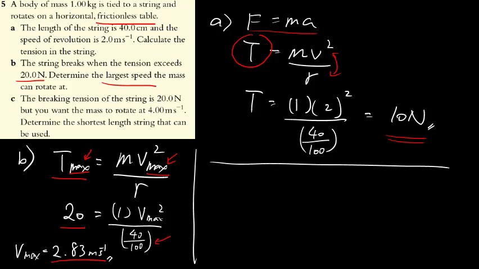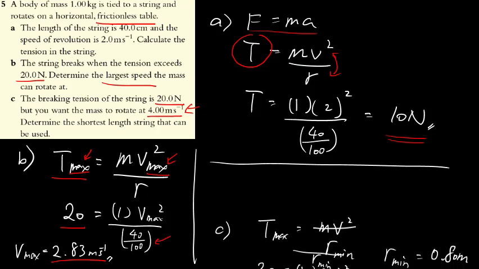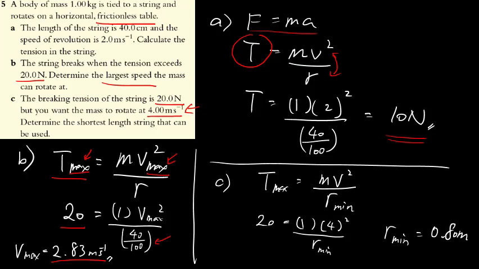Because in part C, now it is set that the breaking tension is 20 Newton, but now you want to attain the mass to a certain speed, which is much greater, 4 meters per second. Which is of course greater than what you calculated in part B. Therefore, the only trade-off has to be the radius, and therefore you are going to calculate the new radius in that case, which is the minimum required radius.